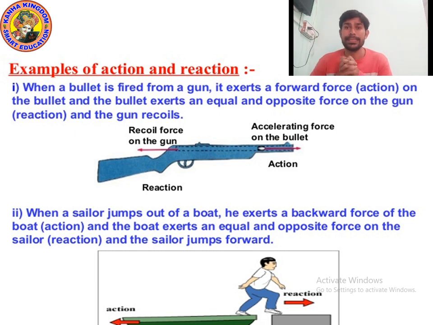Okay kids, let's see two examples related to Newton's third law of motion. Do you remember what Newton's third law of motion is? To every action there is equal and opposite reaction.